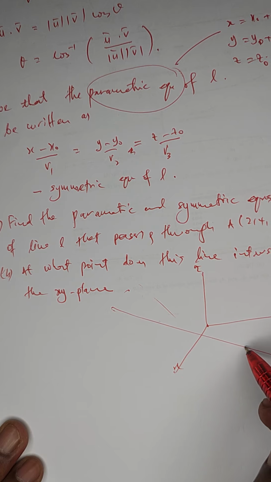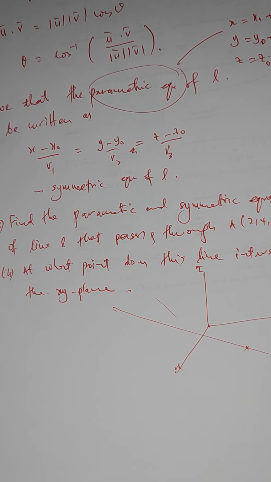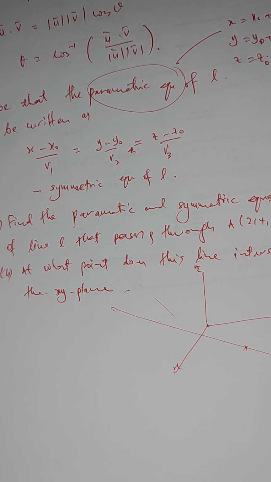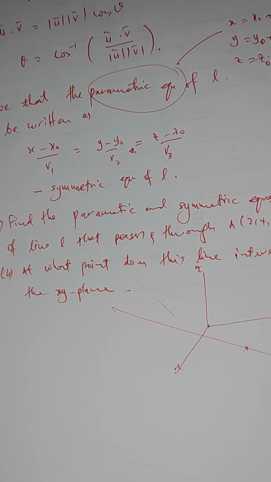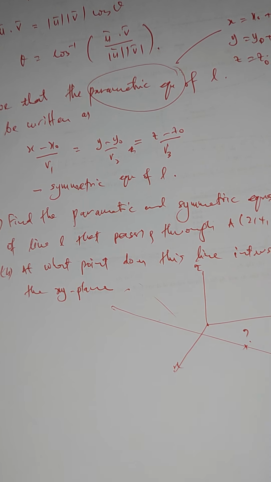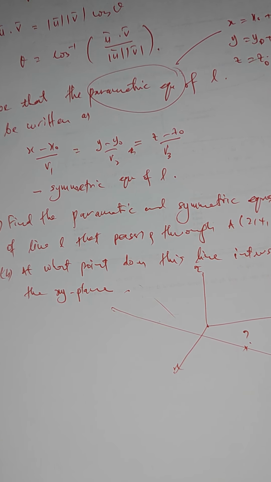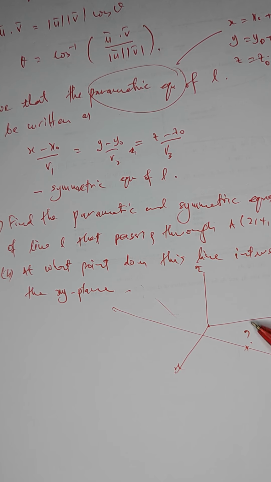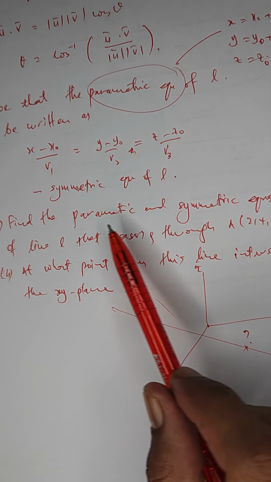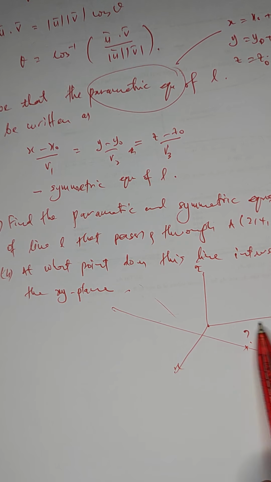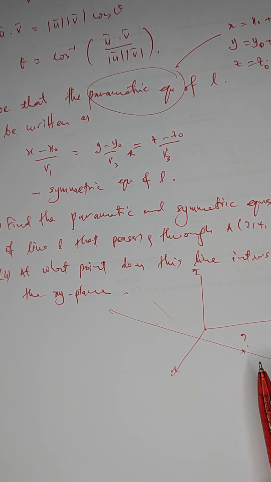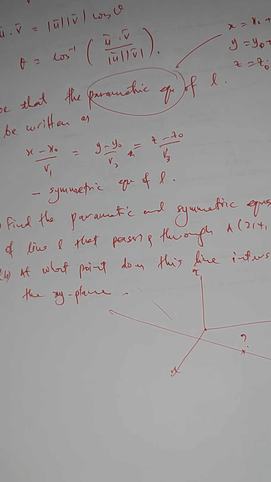So obviously it intersects the xy plane, and we need to find the point. It's not difficult to find. Using the parametric equation on the xy plane, z is 0, so from z equal 0 you can find what t is. Then use that t in x and y to find those points.